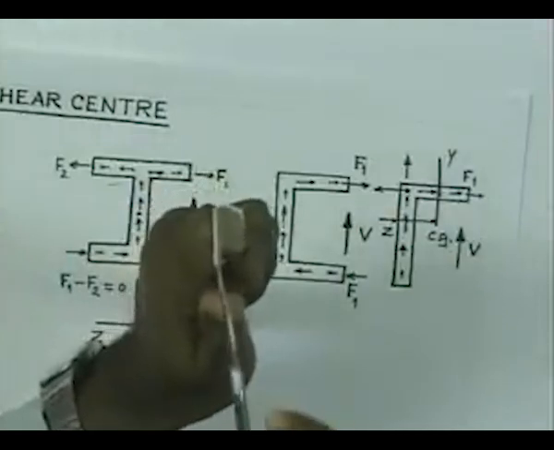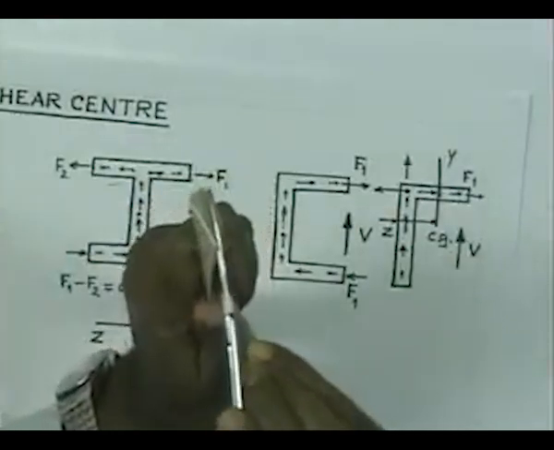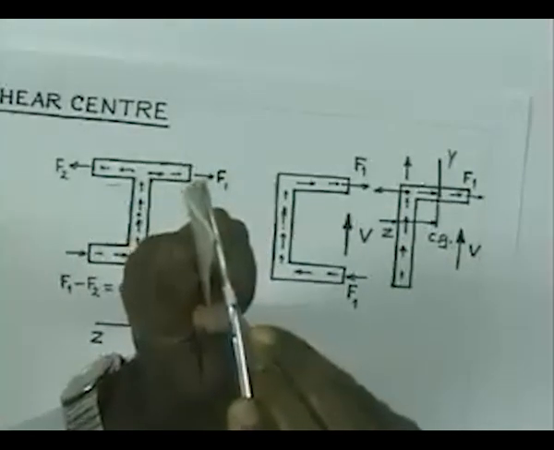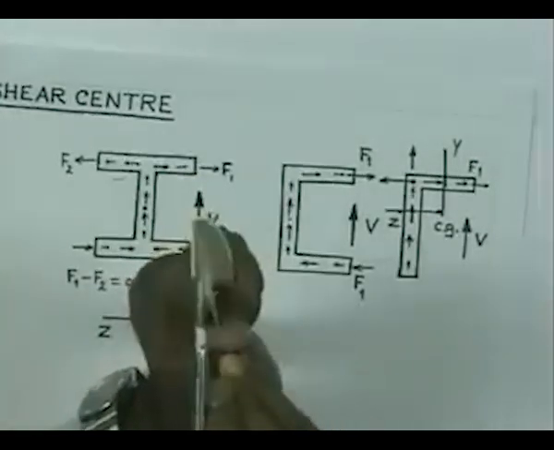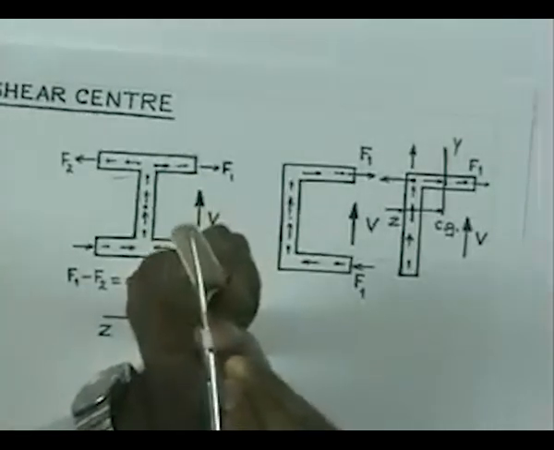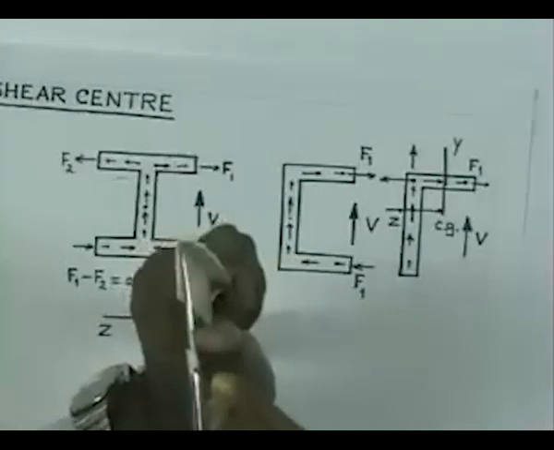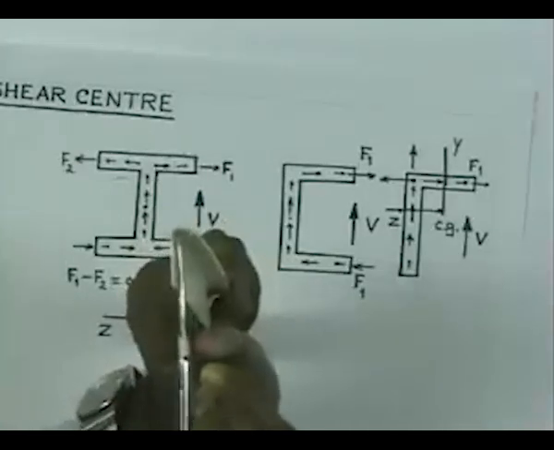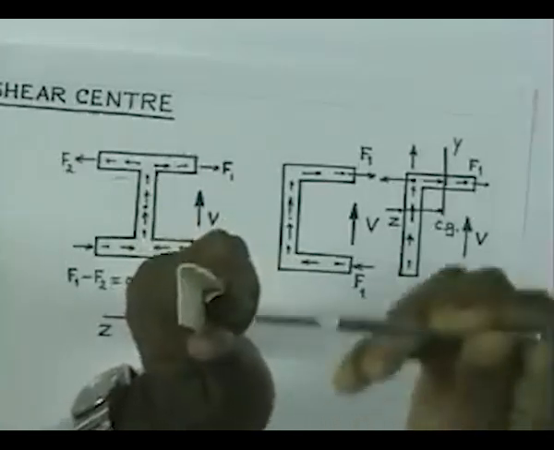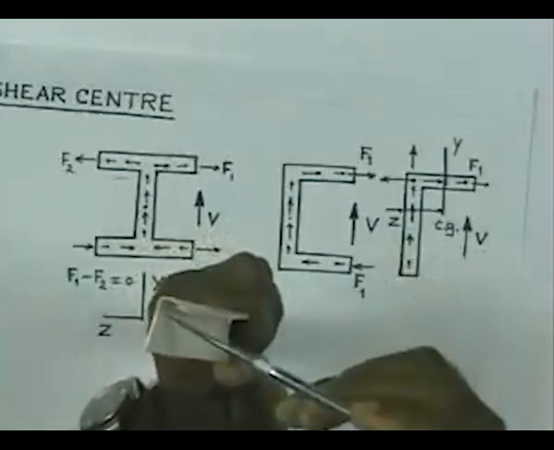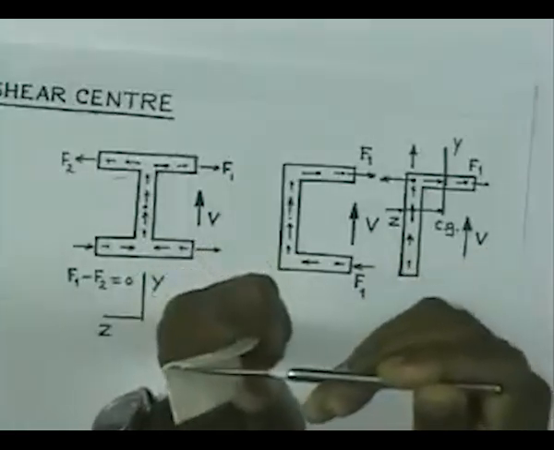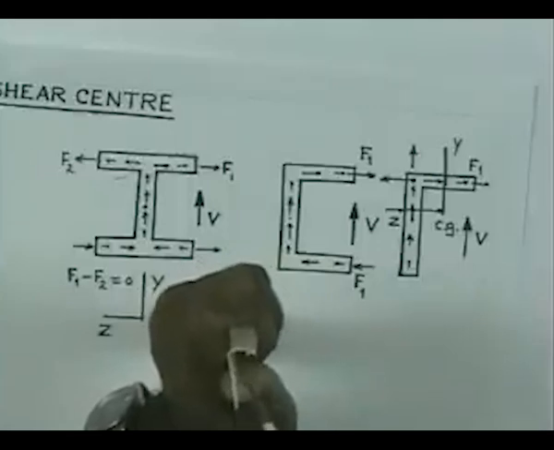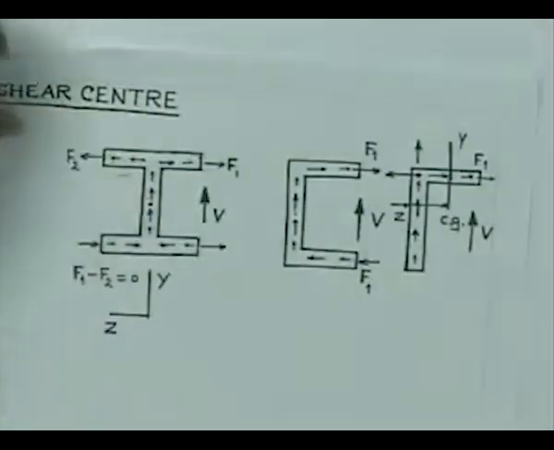If I apply the load here, it does get twisted, but if I apply the load there, it does not get twisted to that extent. Similarly, if I apply the load at the junction, it does not get twisted. Therefore, this corner is the shear center for this cross section.